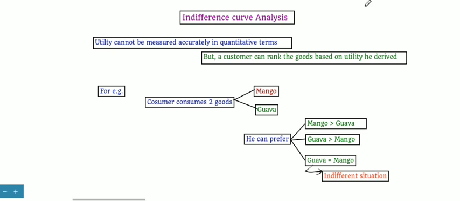For example, if a consumer consumes two goods, namely mango and guava, he may prefer mango over guava, or guava over mango, or he is indifferent between guava and mango. Indifferent in the sense he doesn't have any priority. So that situation is called an indifferent situation. In most cases, the guava and mango will be treated as the same.